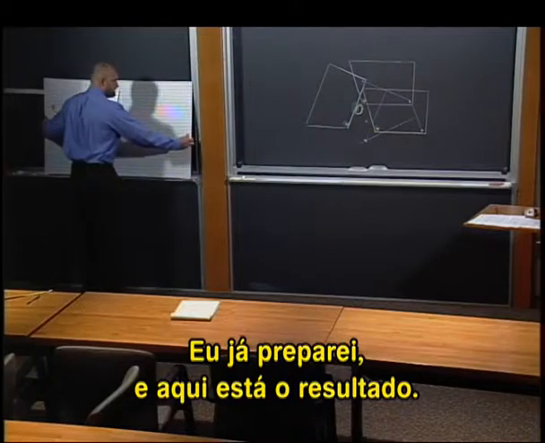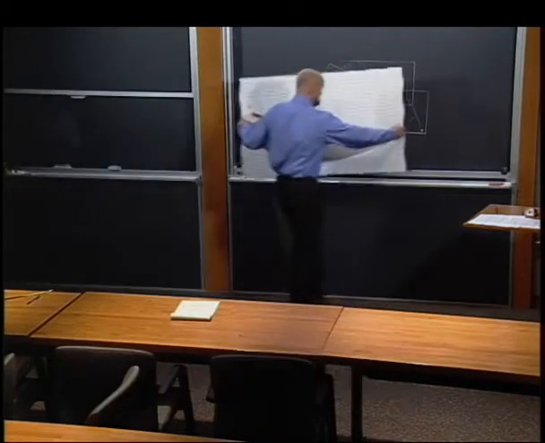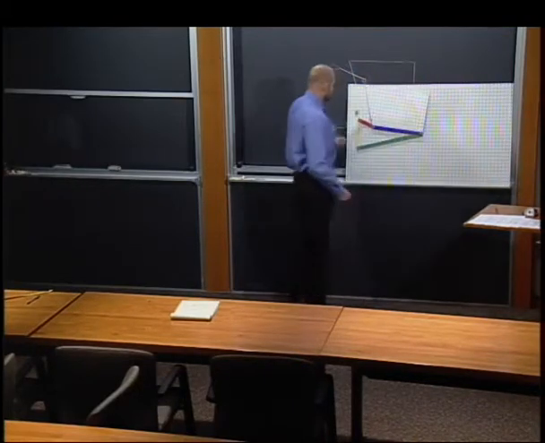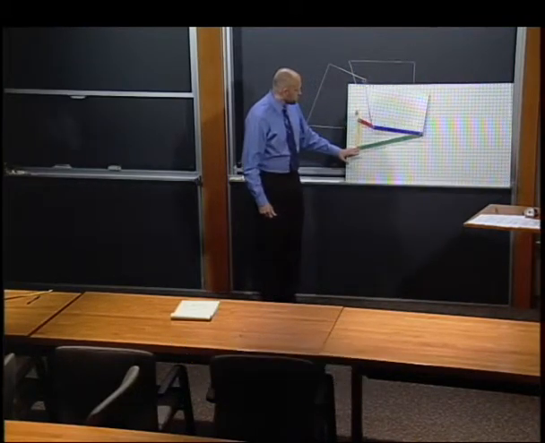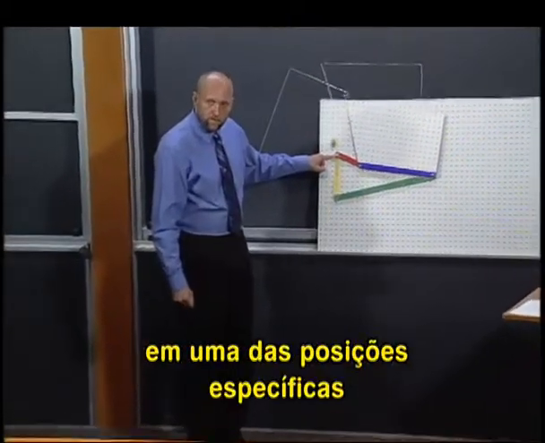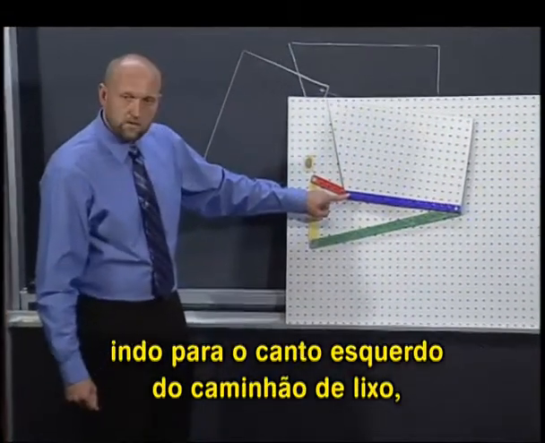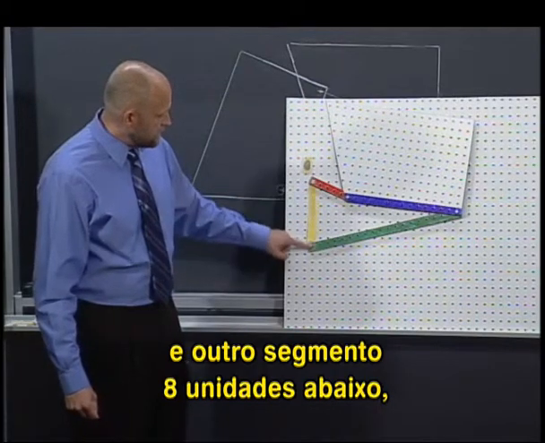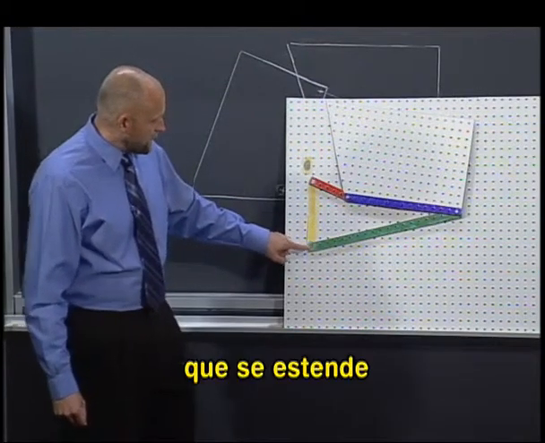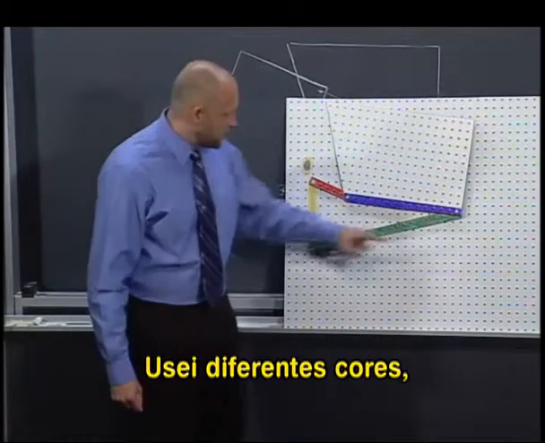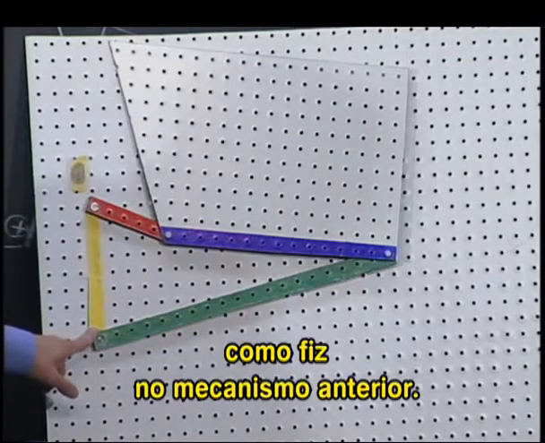I've done the work ahead, and here's the result. I've got a pegboard here, and it has a link in one of the specified positions going to the left corner of my dump truck, another link 8 units below it, and that's extending over to the right bottom corner of my dump truck, and I've color-coded it just the same way as our previous mechanism.